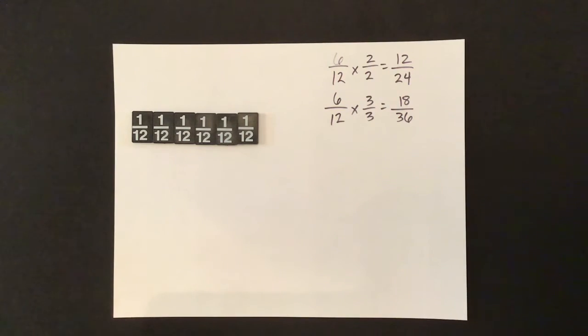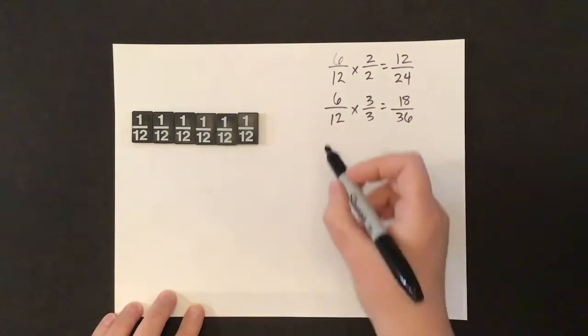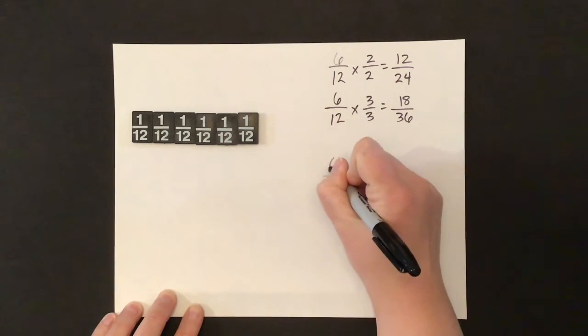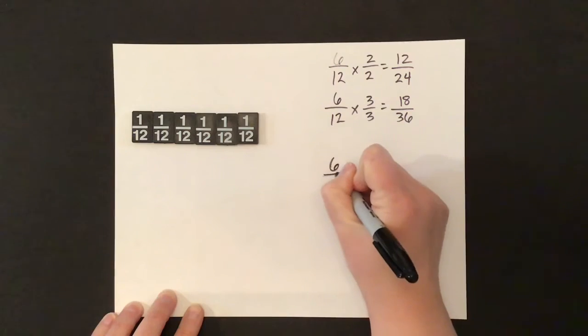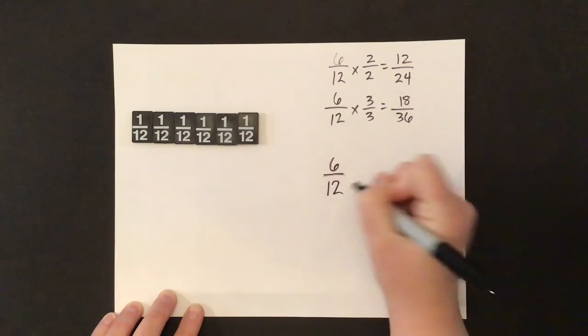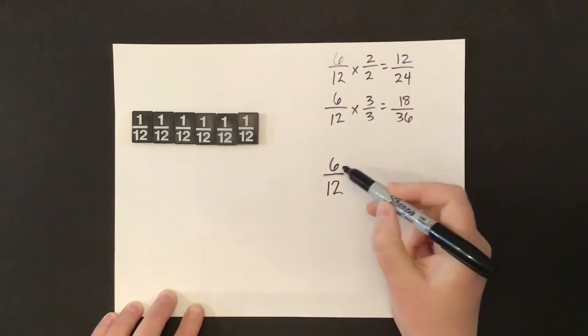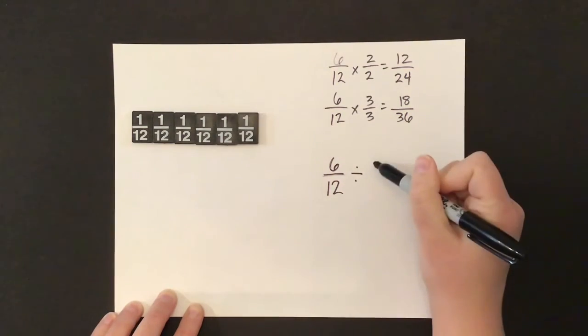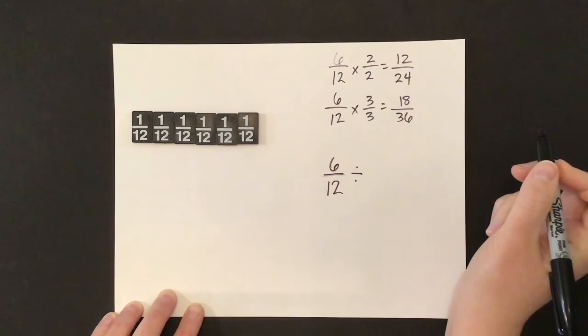What's the inverse operation of multiplication? The inverse, or the opposite, of multiplication is division. So what if I used division? What if instead of multiplying, I divided by a fraction amount that's equal to a whole?